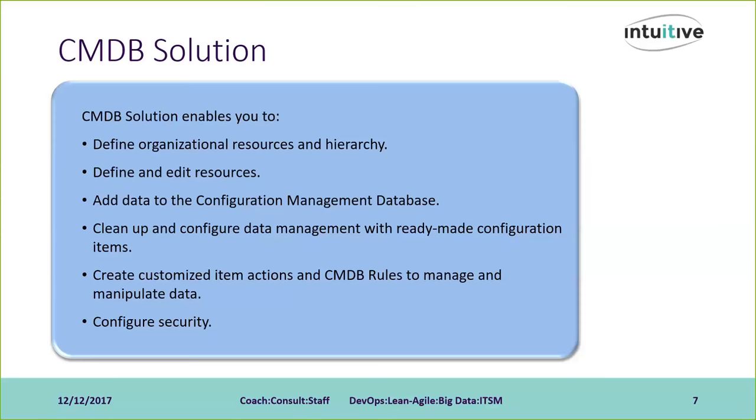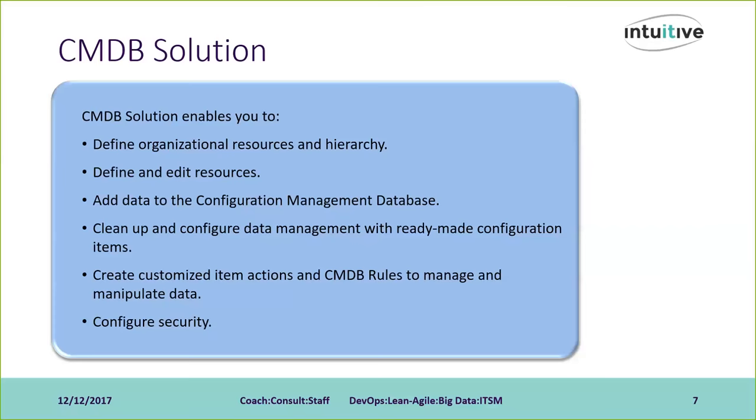We can create customized item actions and CMDB rules to manage, manipulate, and keep the data uniform. For example, the variations of manufacturer type, we can put that into a uniform type name. Those CMDB rules target a group of assets based on their type and properties, and then make changes to the asset properties.